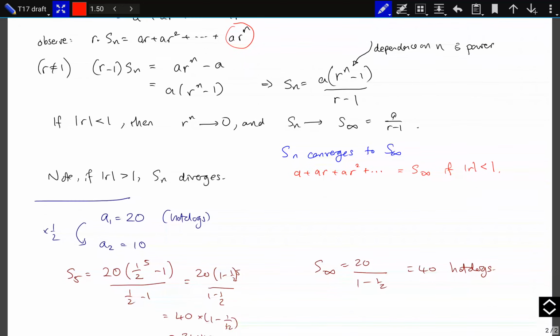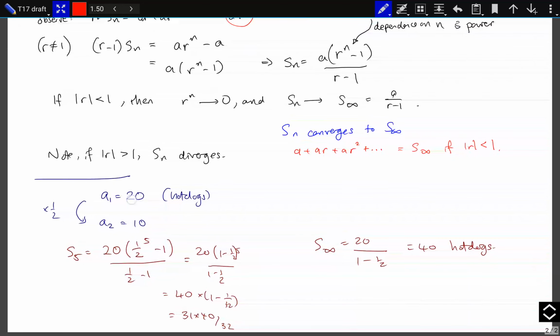So in our example, a1, the first term, is 20, and the common ratio is 1/2. After 5 hours he's eaten 20 times (1/2 to the 5 minus 1) over (1/2 minus 1), and that comes to 40 times 31 over 32 hot dogs.